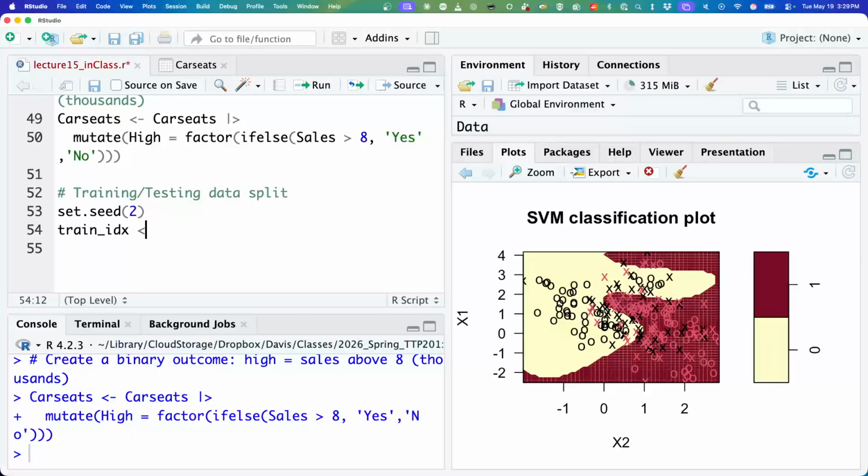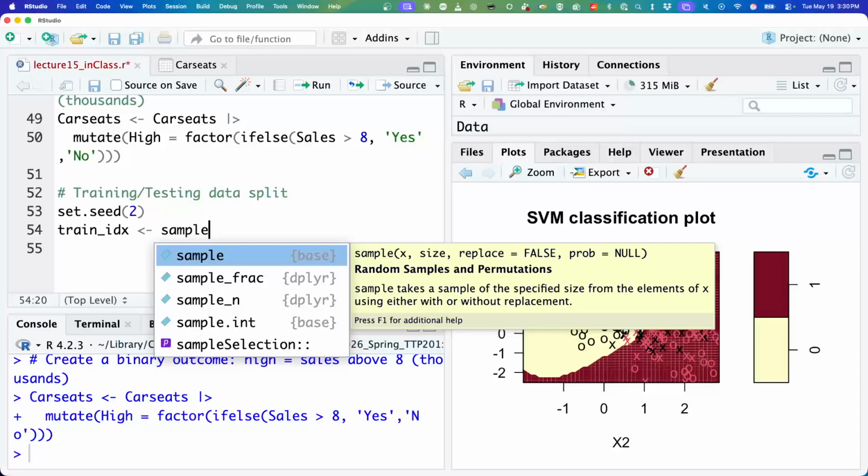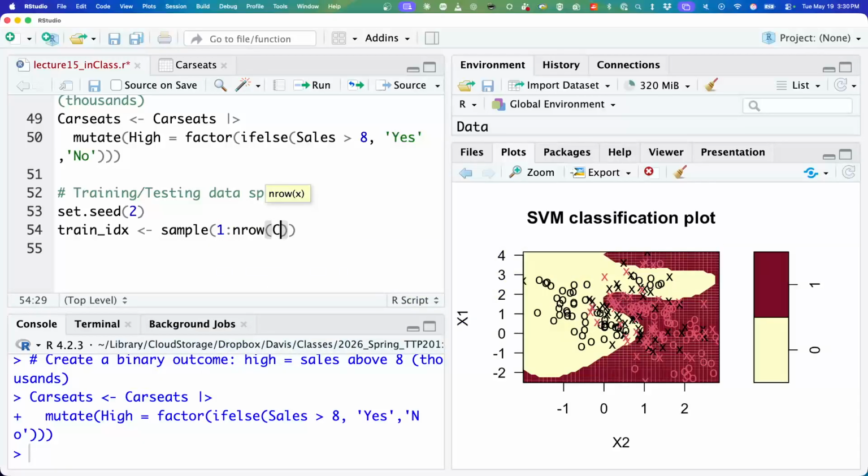All right, so training index, sample 1 to n row, car seats. I'm going to do 200. And so this will just split it based on what we separated out as training versus testing.